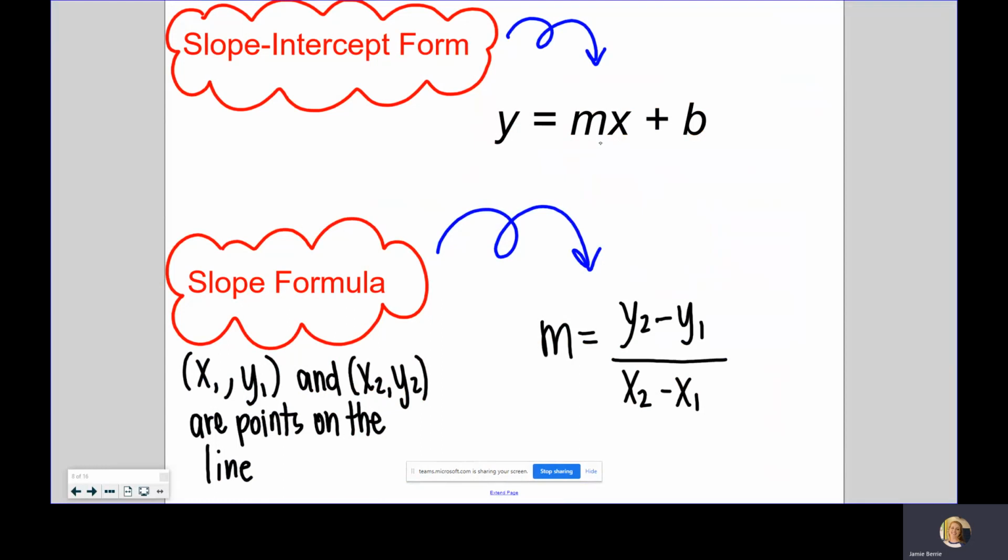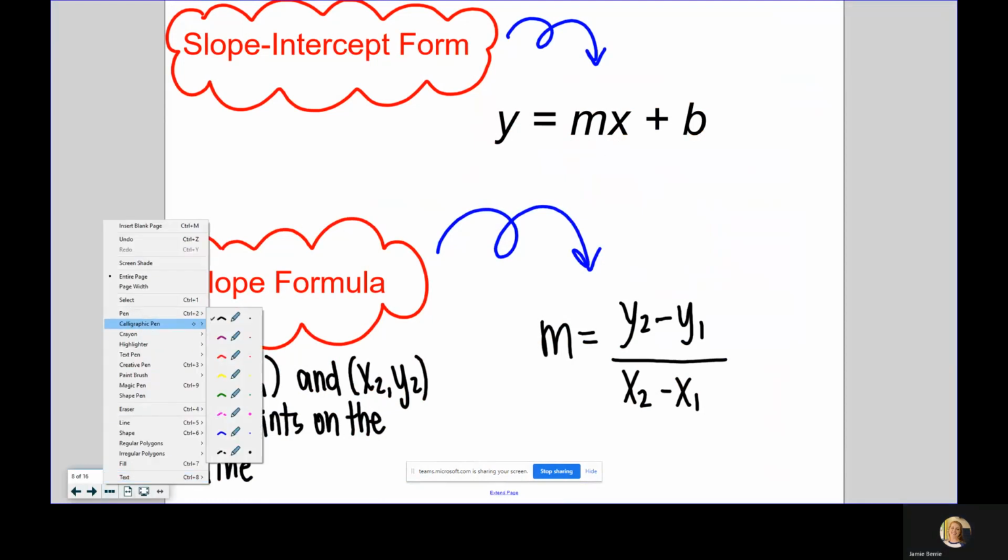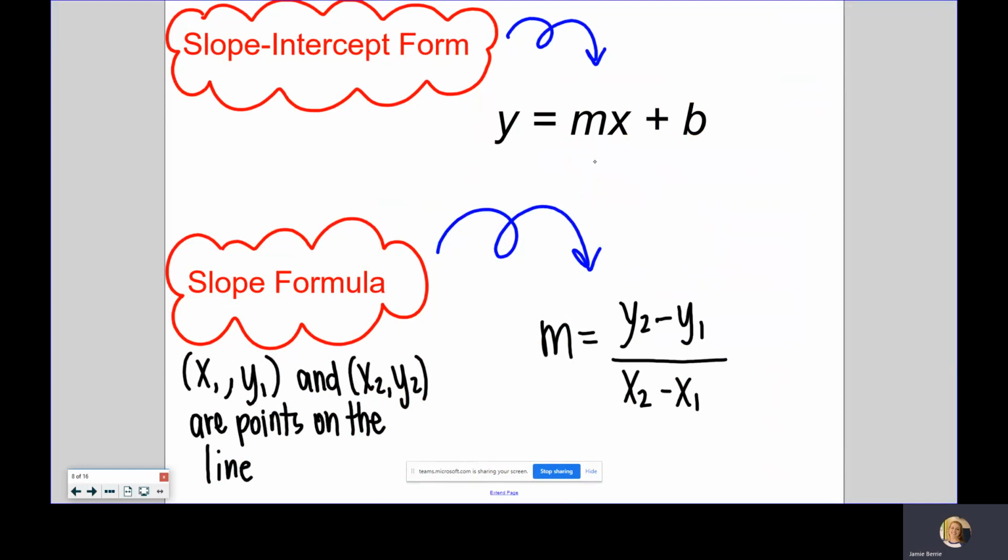X and y are the most common though. And here, m is the slope and b is the y-intercept. That's why it's called slope-intercept form, because it's very easy to identify the slope and the y-intercept whenever your equation is in this form.